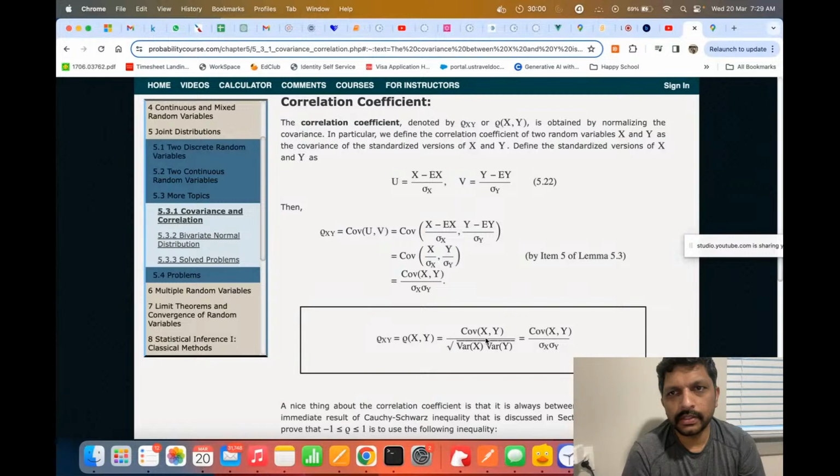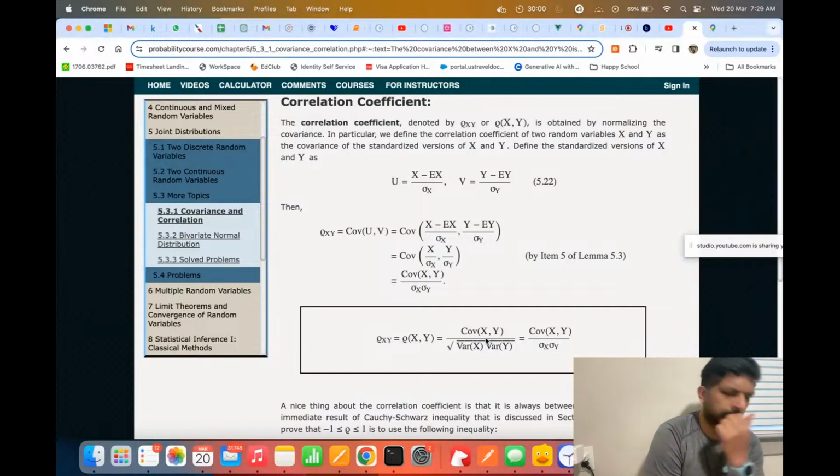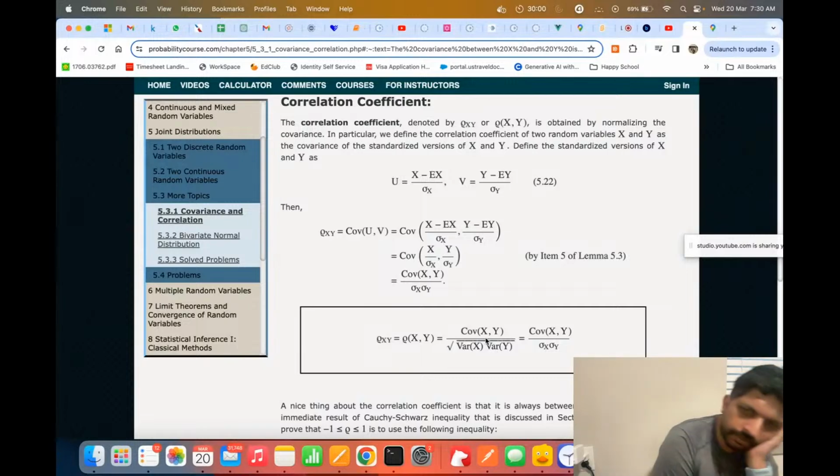Define the standardized versions of x and y as follows. Standard deviation is never negative.